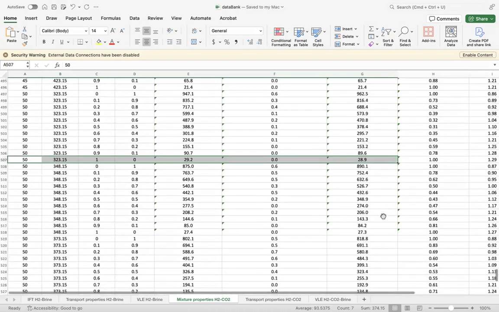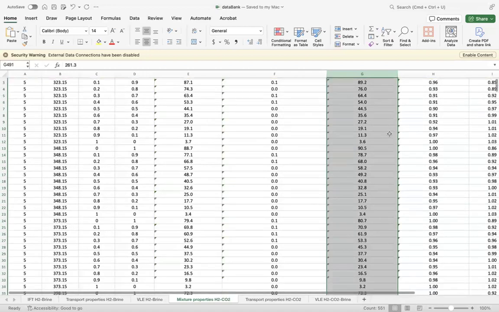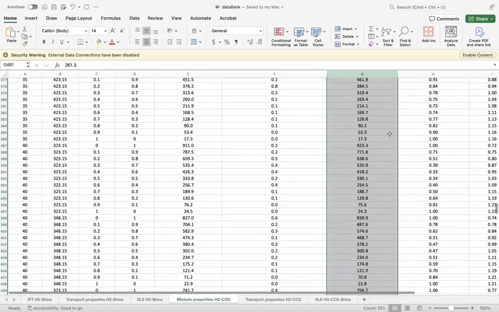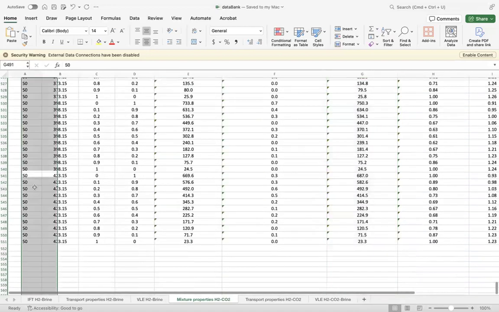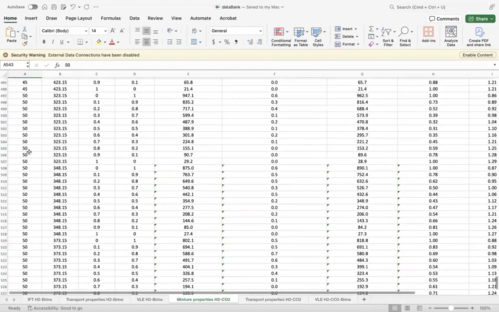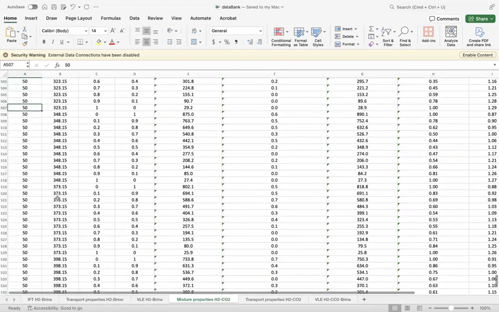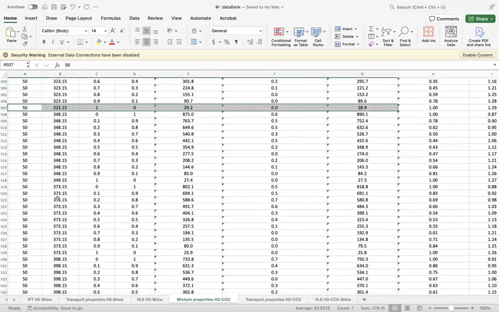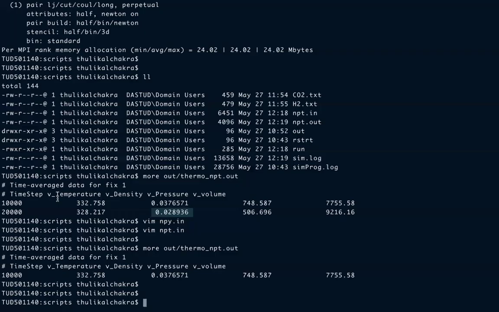This column here, column G, is from RefProp, and it is very close to what we have right now. So that's around 28.9, and the value that we have now is also close to 28.9. So this is extremely close.